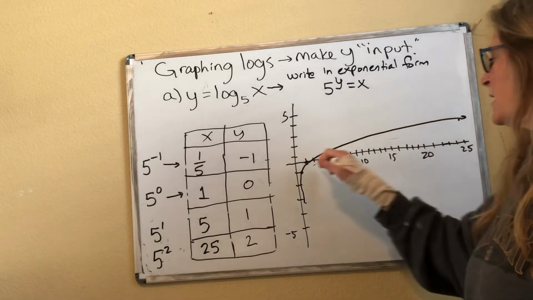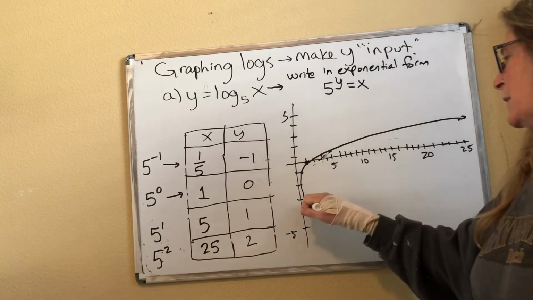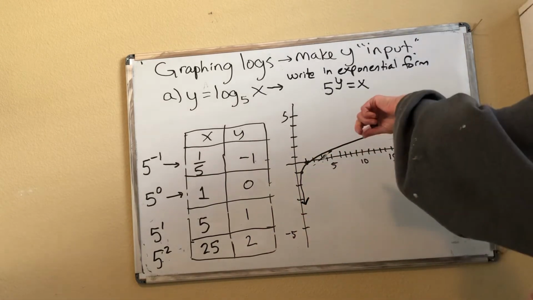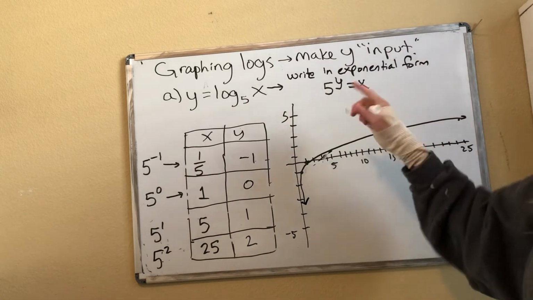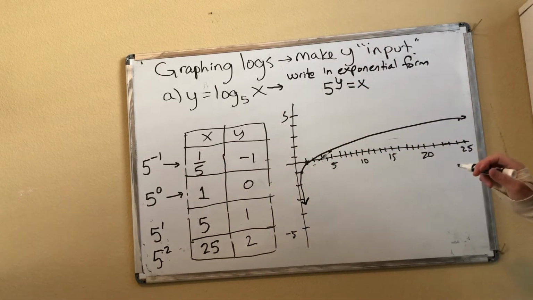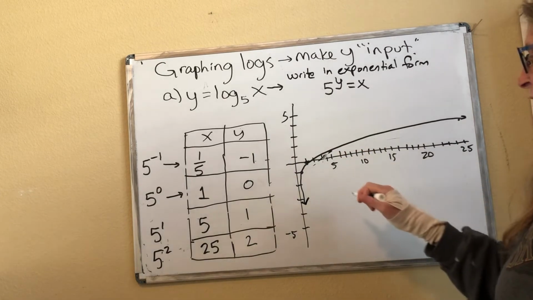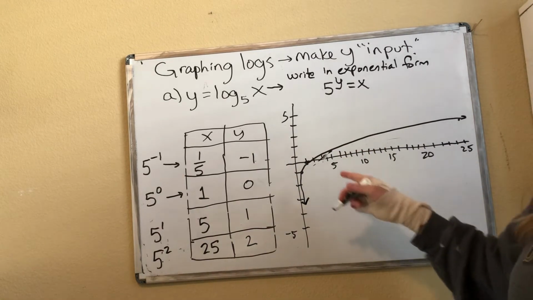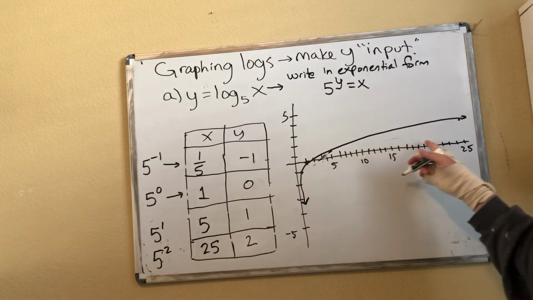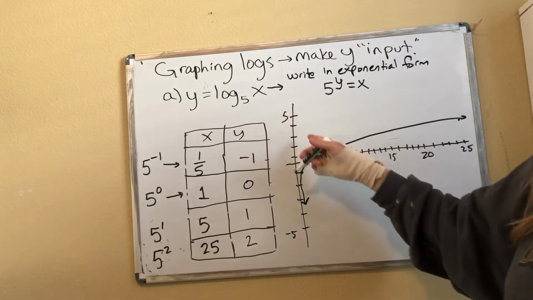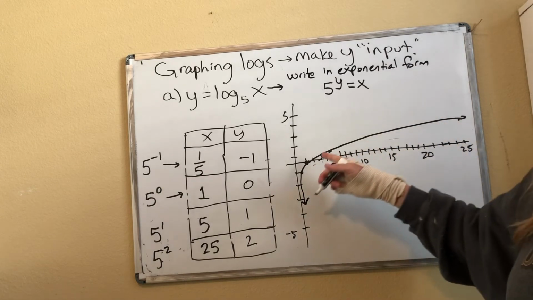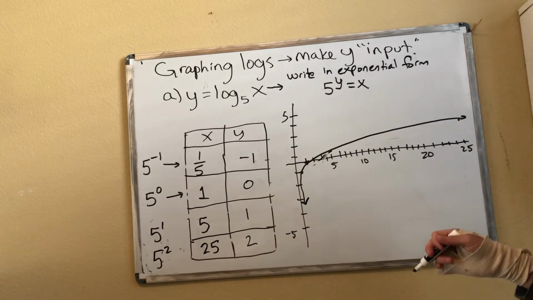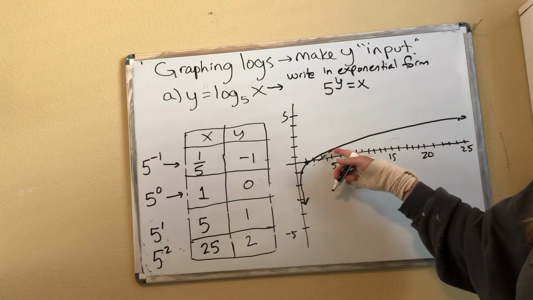Imagine flipping this on its side. It's like one of our exponential functions, except it's the inverse. With the exponential functions, if you remember those swoops, they get very, very close to 0 on the X. Now we're getting very, very close to 0 on the Y. So this is the basic shape of a log function.